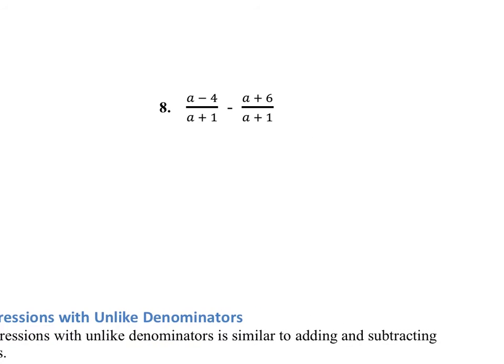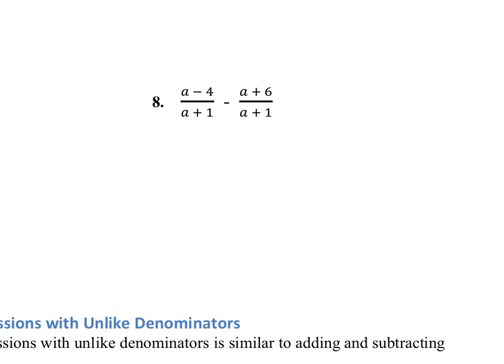Okay, so number 8 here. I see my denominator is common. Awesome. So let's put that in the numerator. I'm going to go ahead and do the operation. Make sure I consider these parentheses here with that minus sign.